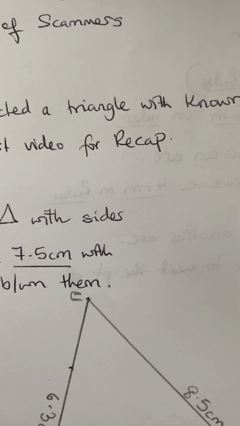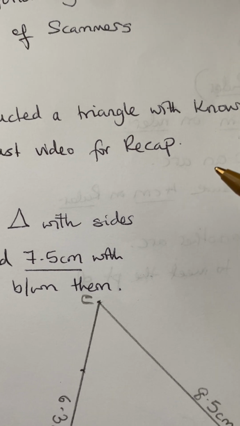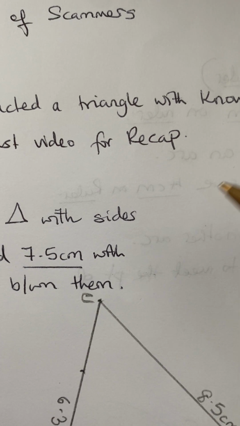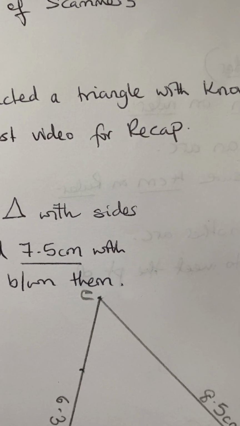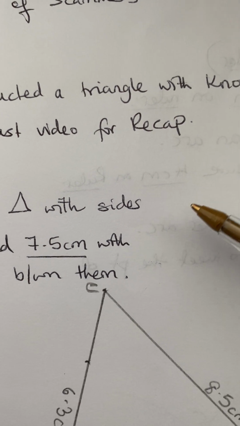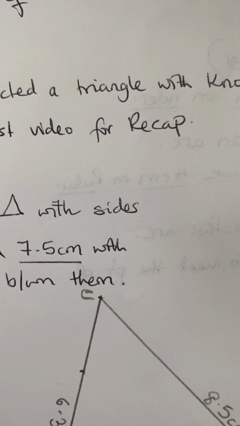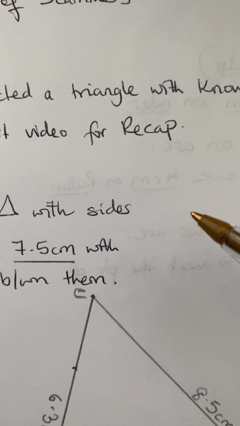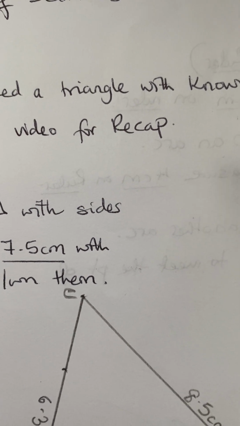Okay, now in the last 2 videos, we only needed a ruler and a protractor. Today, we don't need a protractor because we've not been given an angle. We need a ruler and a compass.